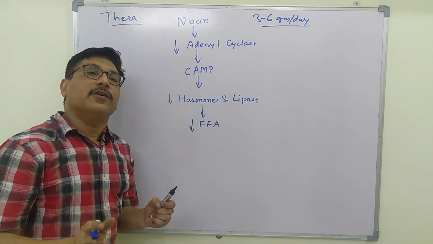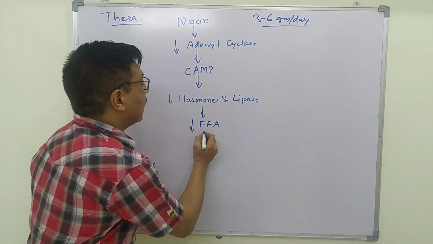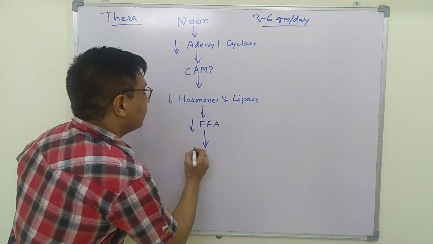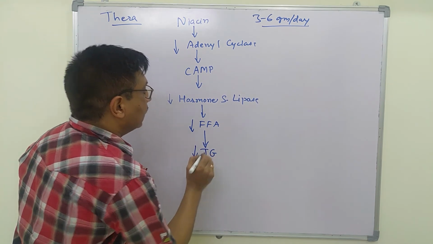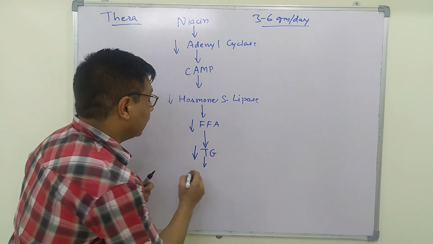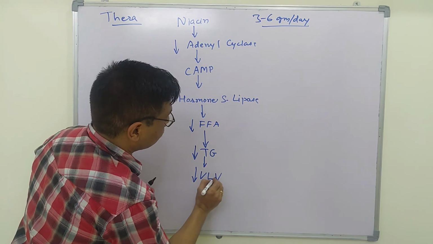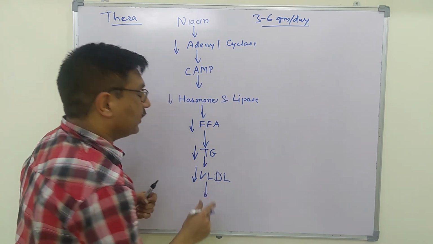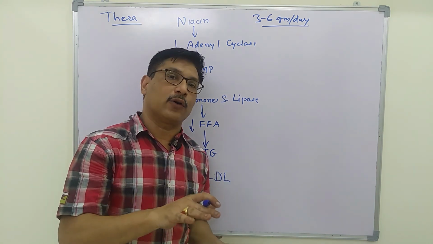So there are less free fatty acids in the circulation and less free fatty acids are available in the liver. So in the liver, less triacylglycerol or TG is synthesized. Due to less TG synthesized in the liver, there is decreased VLDL formation in the liver. So VLDL levels are low.